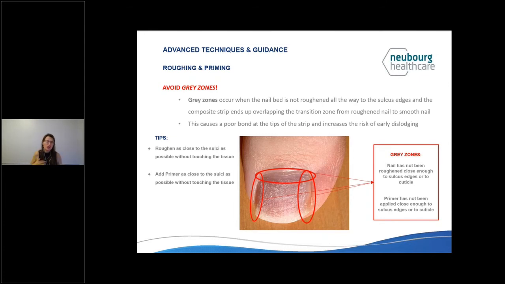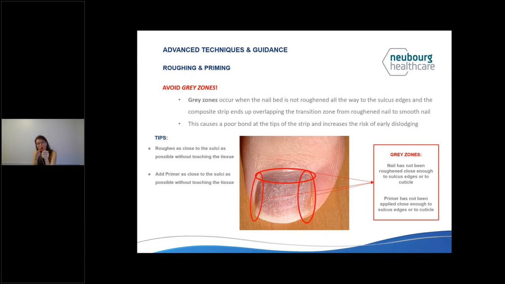They're going to flip, and then you're probably going to have an early come off. So just a reminder to carefully, and you can use whatever technique you like, if you want to tape or hold, it doesn't matter, but do pull back the sulcus tissue, the tissue edges, to get proper roughing all the way to each side. And then of course, same thing, apply primer thoroughly all the way to the edges.